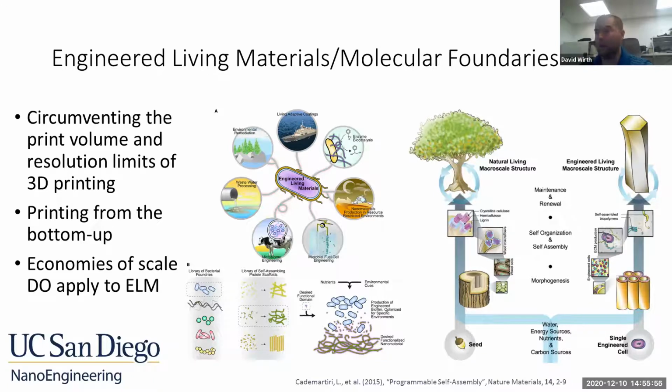This is kind of the goal of nanotechnology, to be able to make physical objects from the ground up, physical structures or molecular structures. And economies of scale do apply to engineered living materials. One of the big problems with 3D printing is economies of scale suck. With engineered living materials, they're great because you just have a farm. You just farm the things, right? Because they're self-replicating. So 3D printing from the bottom up, that's really the goal here.